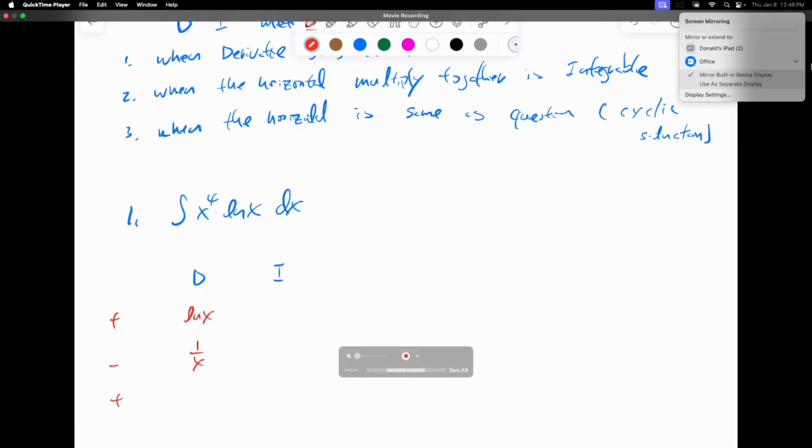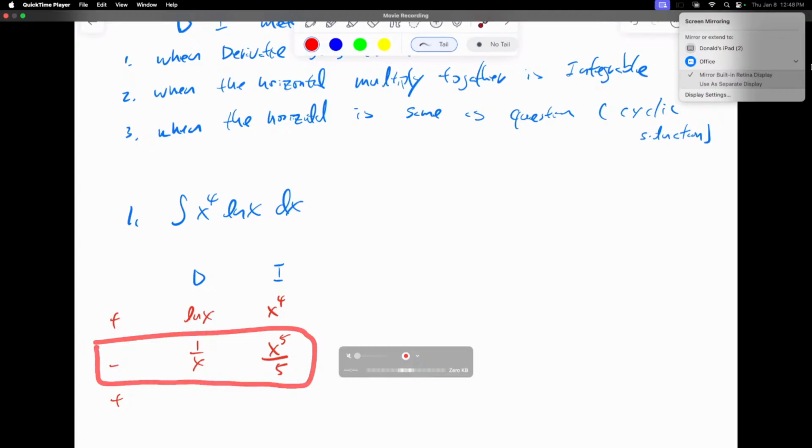But when it's I here, this one's going to be x to the fourth. What's the integration of x to the fourth? x to the 5 over 5, right? Now, if you see this here, that is integratable, because if you multiply together, that's just still x to a power, so it's just the power rule. So that becomes integratable, so you stop. What do you mean by stop?